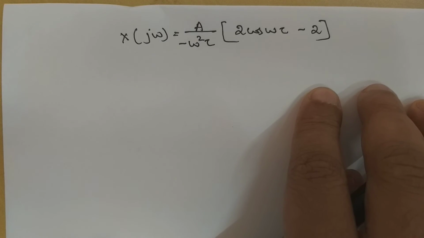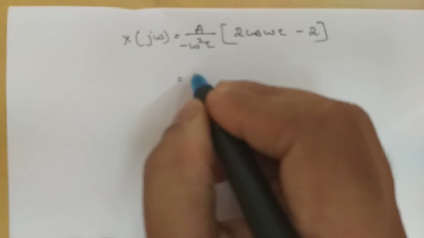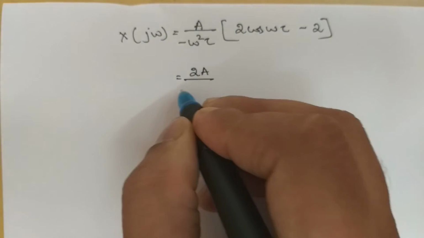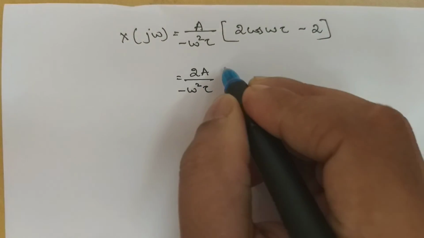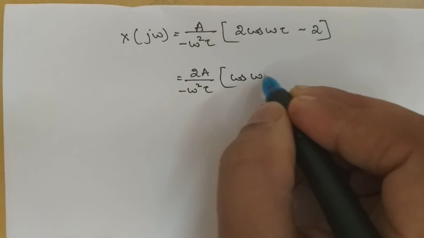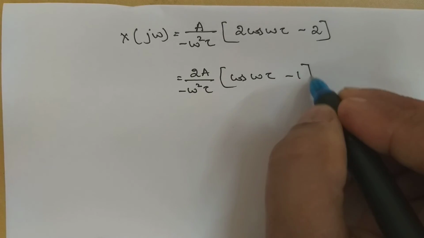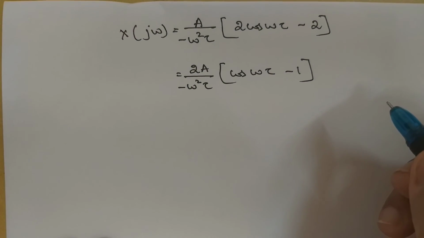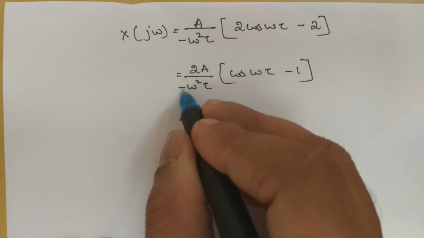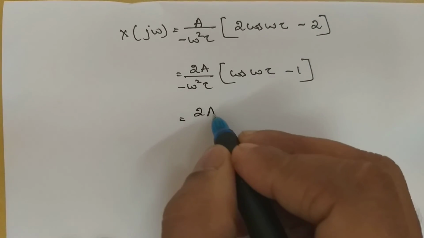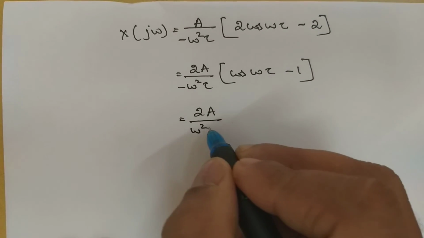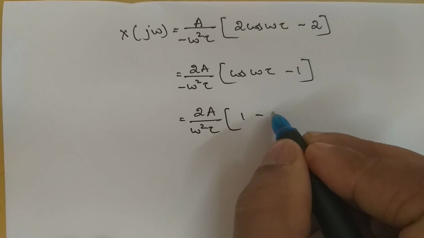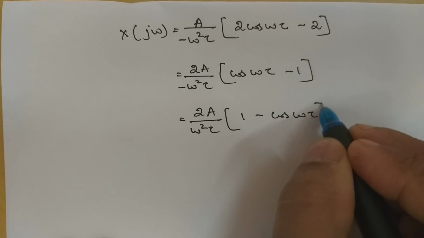Again 2 is common with this, we can take it out. So this will be 2a by omega square tau into cos of omega tau minus 1. Or we can take this minus inside, so it will be 2a divided by omega square tau into 1 minus cos of omega tau.